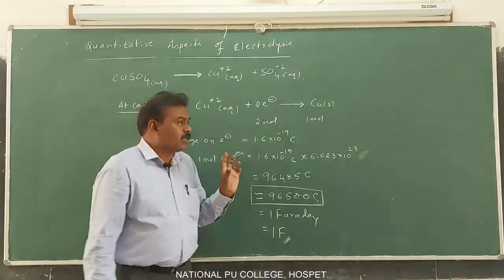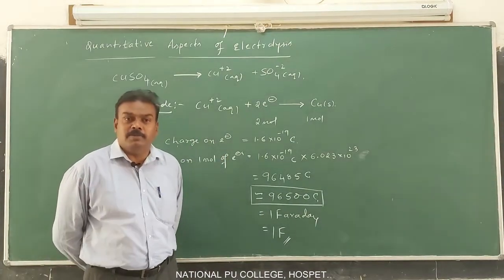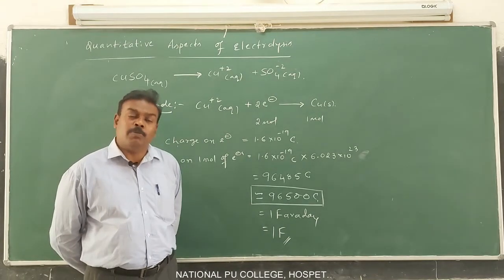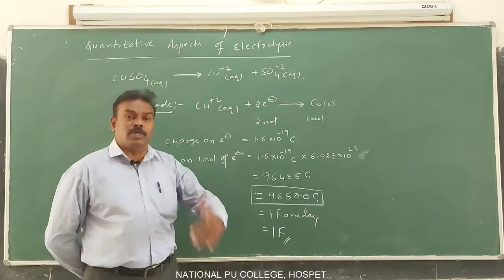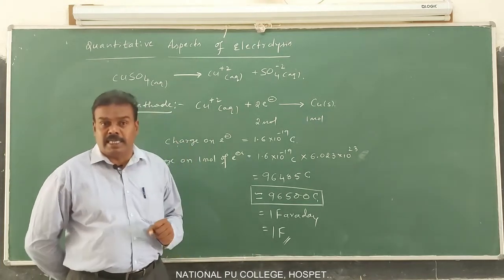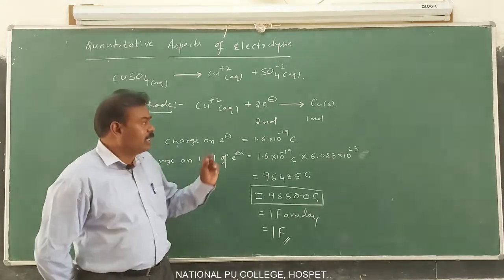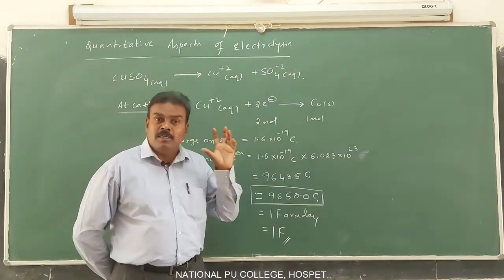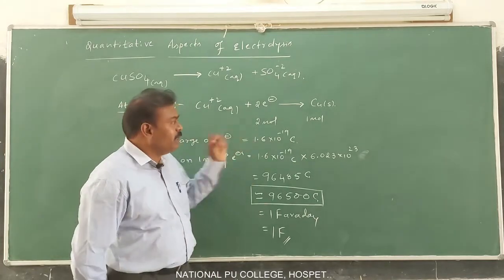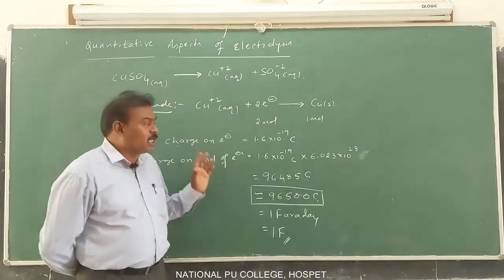Therefore, the quantity or amount of the substance deposited, discharged, liberated or produced at an electrode depends upon the quantity of electricity. If the quantity of electricity is more, the amount of substance liberated or deposited at the electrode is also more. In that way, we should understand the quantitative aspects of electrolysis.